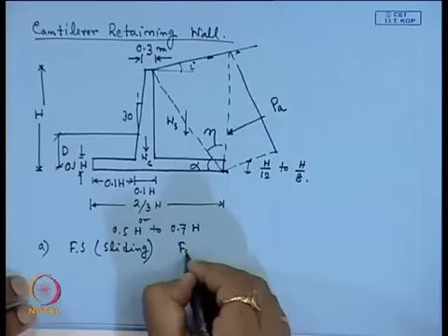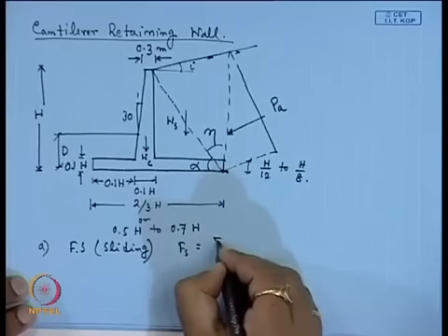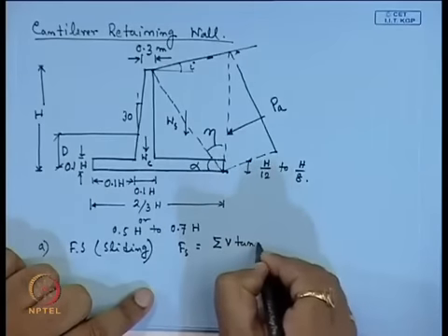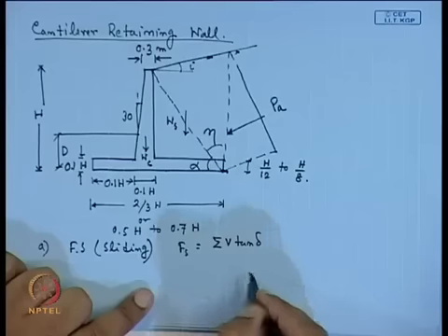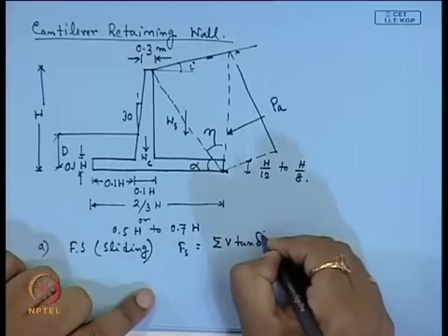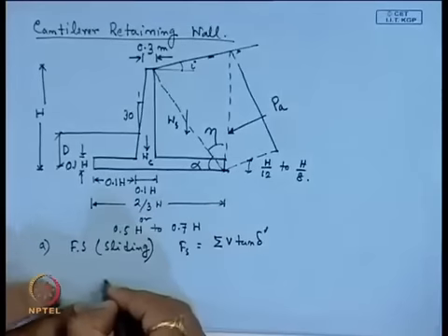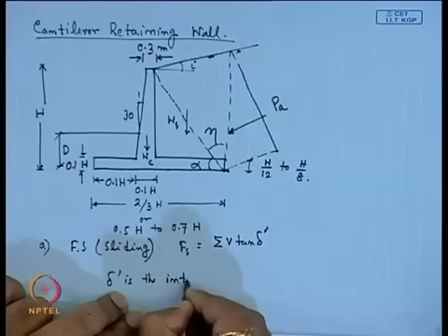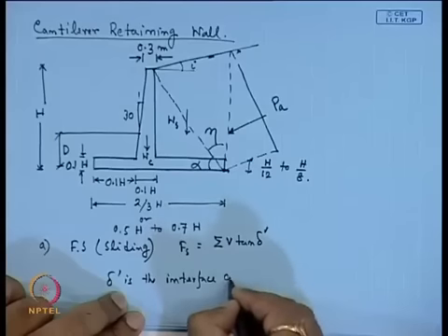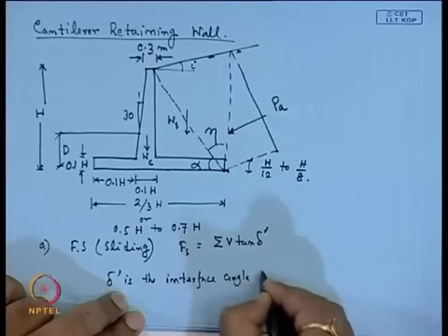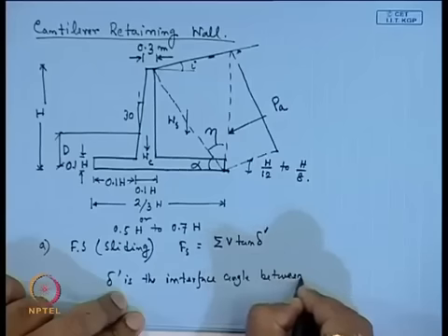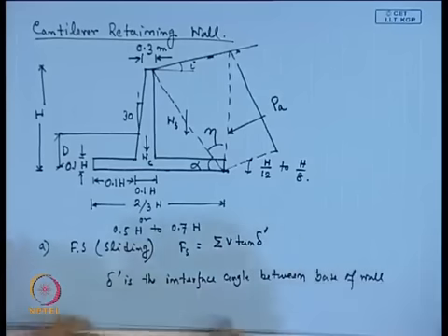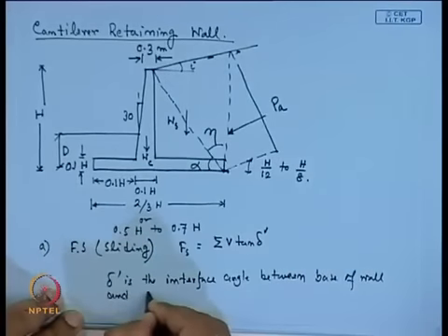Okay, so this factor of safety will give us the total vertical force for the sliding into tan delta, or delta dash, where delta dash is the interface angle between the base of the wall and soil.